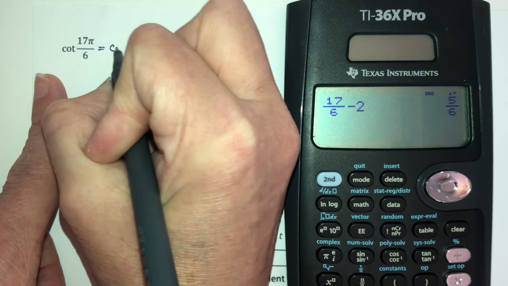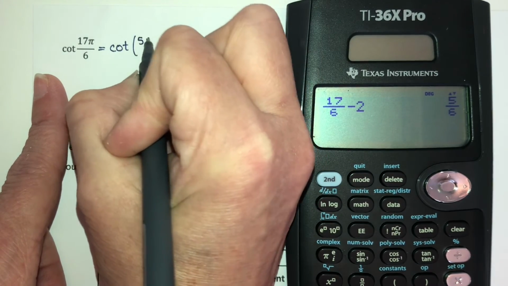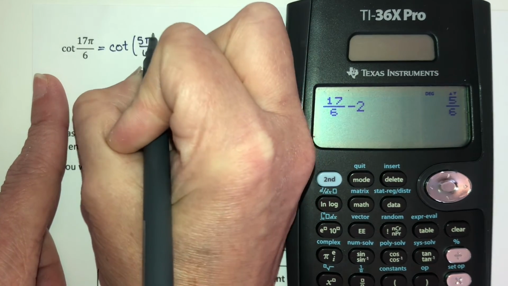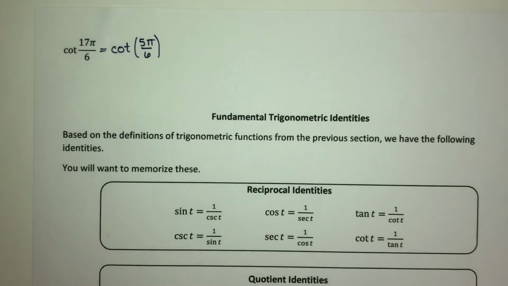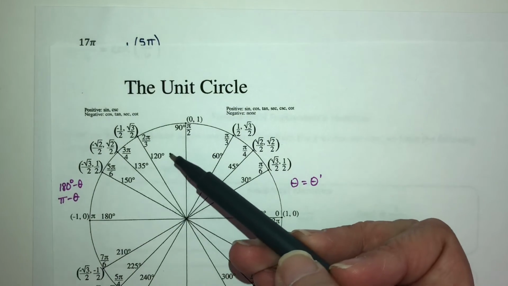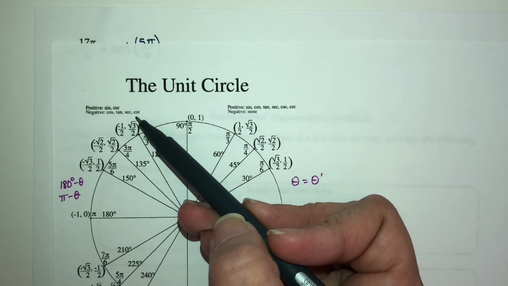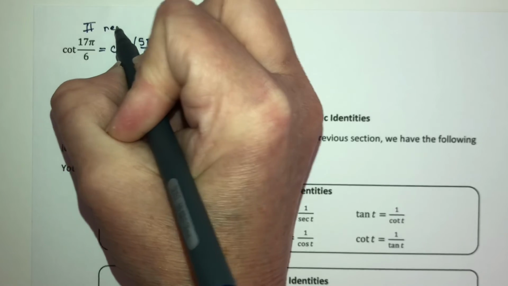So this is the same thing as cotangent of 5π/6. Now which quadrant is 5π/6? Well, 5 over 6 is larger than 1/2, but it's less than 1. So we are in quadrant 2. And cotangent is negative in this quadrant. So I know I should get a negative answer.